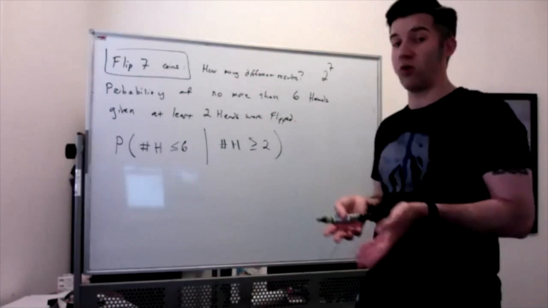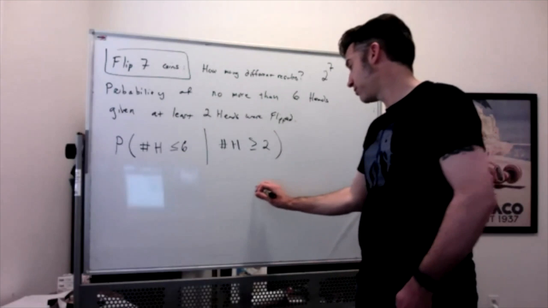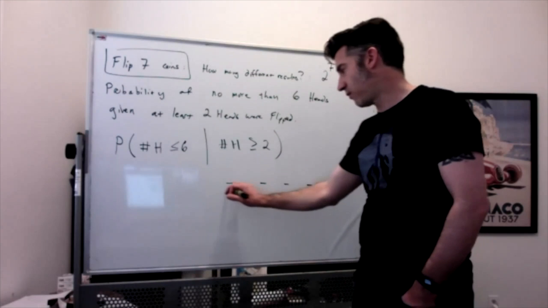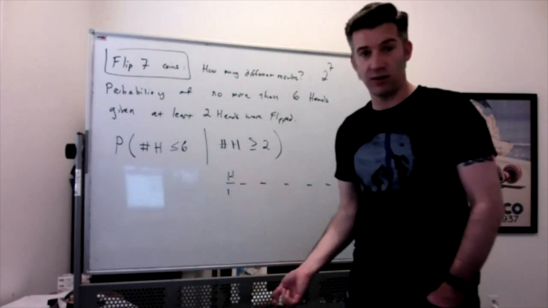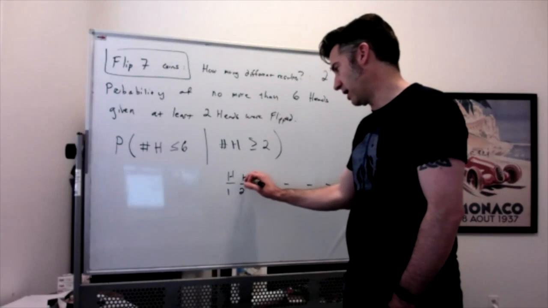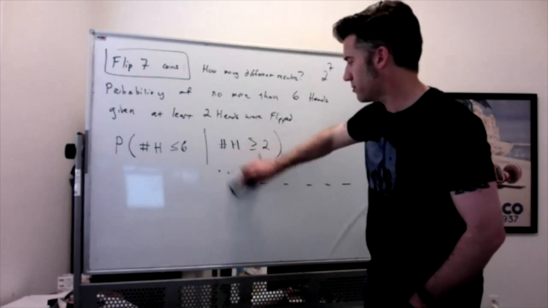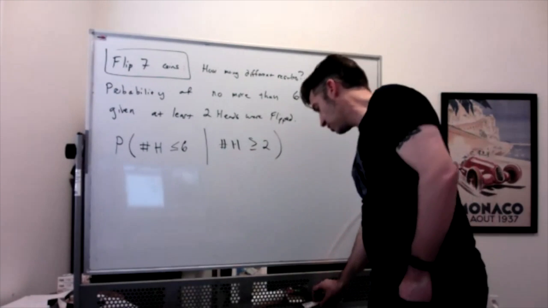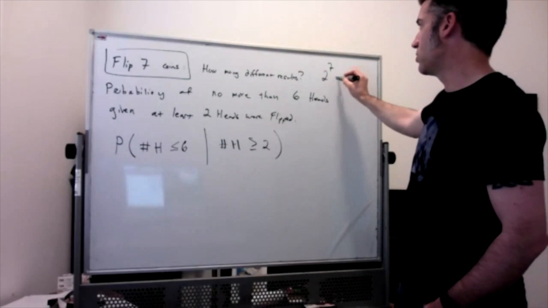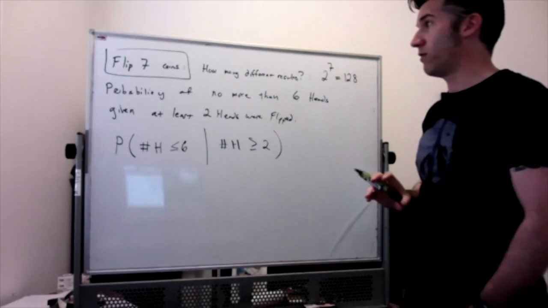You can imagine the coins are numbered or different colors. So flipping the first coin as heads and the rest tails is counted as different than flipping the second coin as heads and the rest tails. So there are 2 to the 7th, which is equal to, I think, 128 ways you can flip 7 coins.